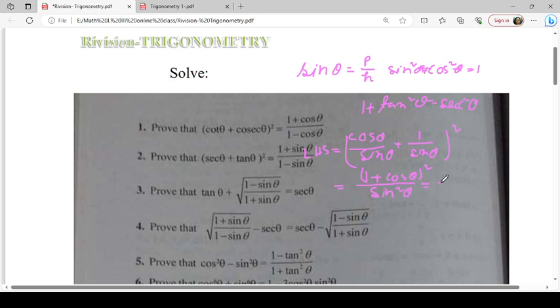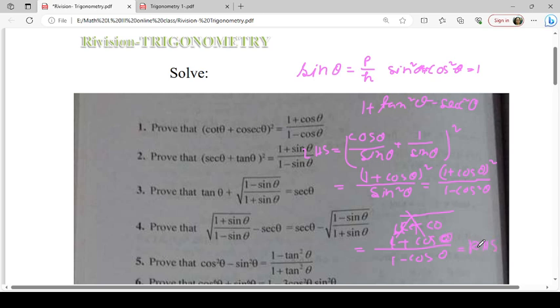Then sin square theta is 1 minus cos square theta. Then the numerator is 1 plus cos theta whole square, and the denominator is 1 minus cos theta into 1 plus cos theta. So 1 plus cos theta cancels, and the denominator is now 1 minus cos theta and the numerator is 1 plus cos theta, and we get this as the right hand side.